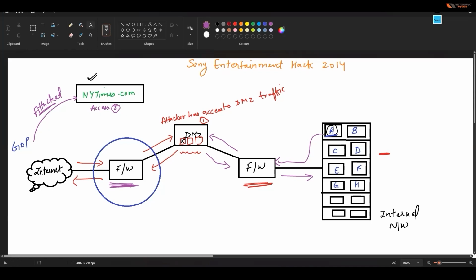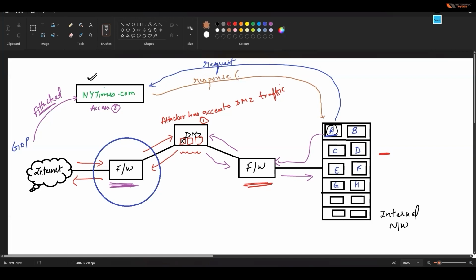So after the second part, when A made a request for nytimes.com, in the response, what did we do? We added your malware. The job of this malware was to give you backdoor access.